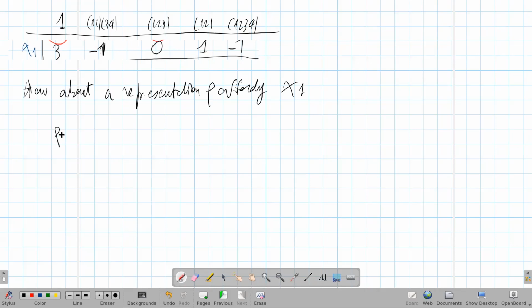Of course, rho of 1 has to be 1, 1, 1. I'm not writing the zeros. Then consider what rho of 1, 2, 3, 4 could be. Since this has order 2, it is a diagonalizable matrix.